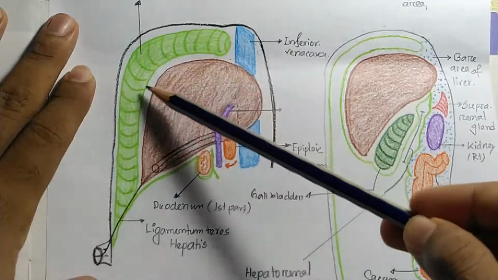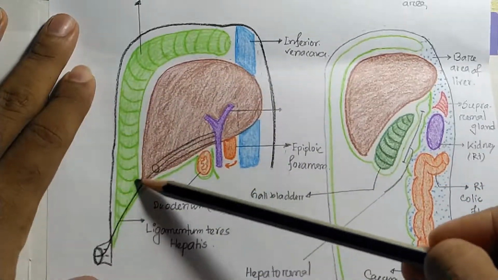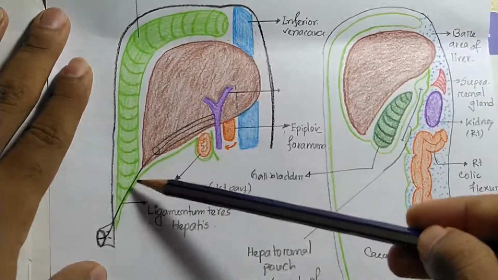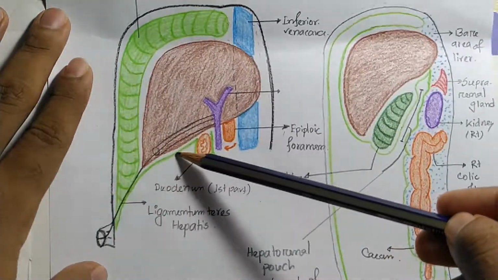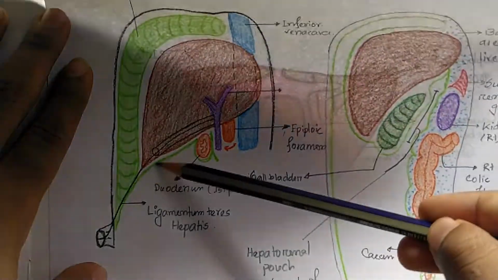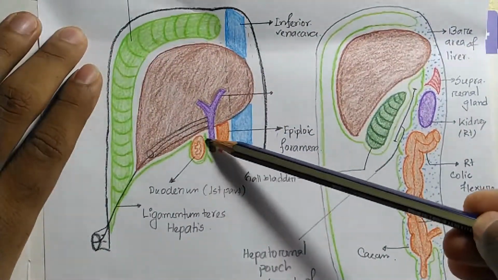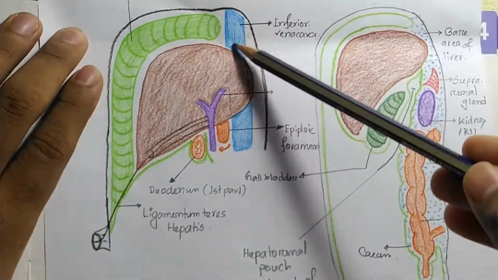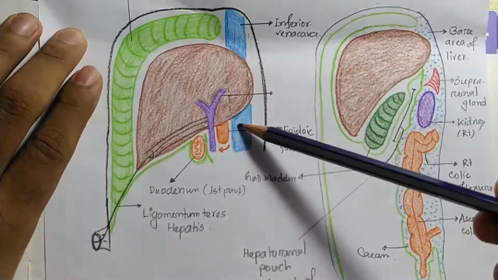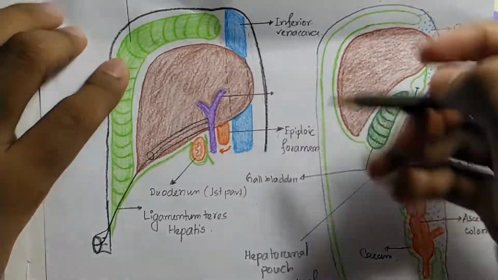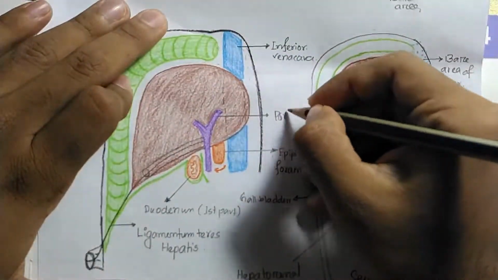So the liver is slightly attached with the umbilicus by the falciform ligament, and as it is a peritoneal reflection it will go continuously as the inferior border and ultimately to the duodenum. Posteriorly you can see the inferior vena cava impressions, and this is the portal vein.